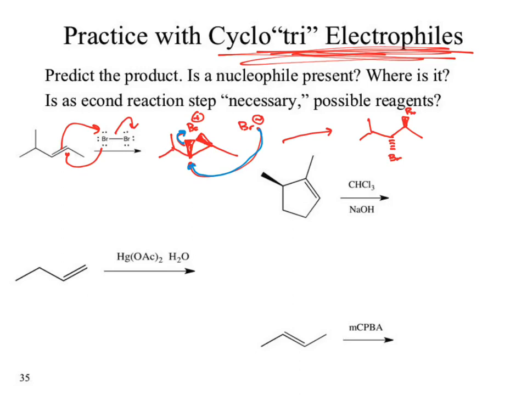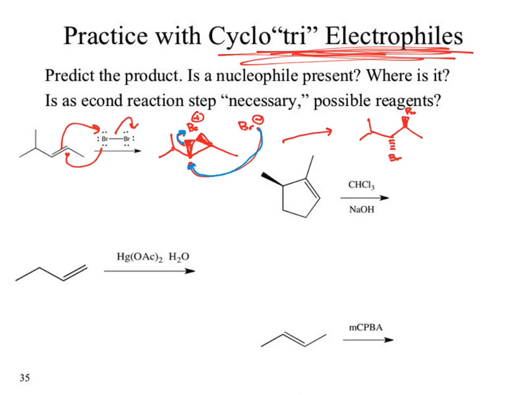It can attack at C4, correct? It would be C2 or C3. Yes, that negative bromide could have attacked either of those 2 positions. And there is no difference if you make them the opposite way.